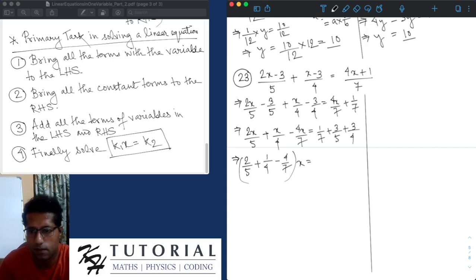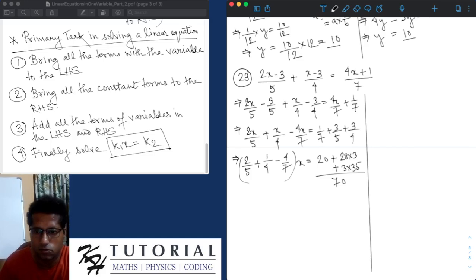So the RHS will be 20 plus 28 into 3 plus 3 into 35, by 70.